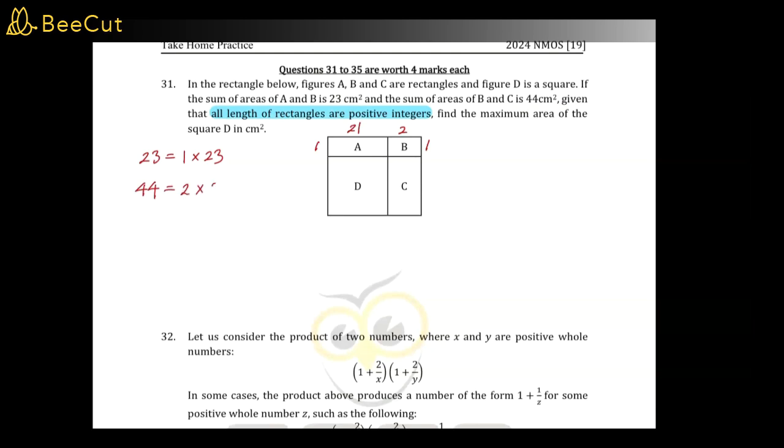Then we'll try the other option, 2 times 22. This is 2, this side is 22. So here this is 21. This way we satisfy that D is a square. Both sides equal 21. So area of the square is 21 times 21. The answer is 441.